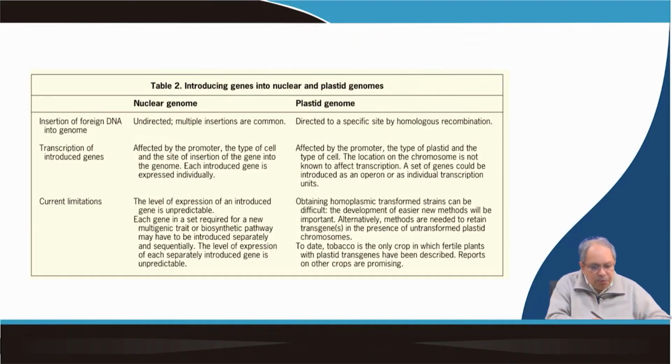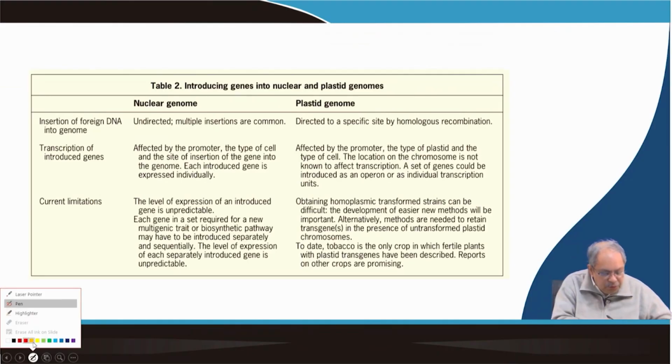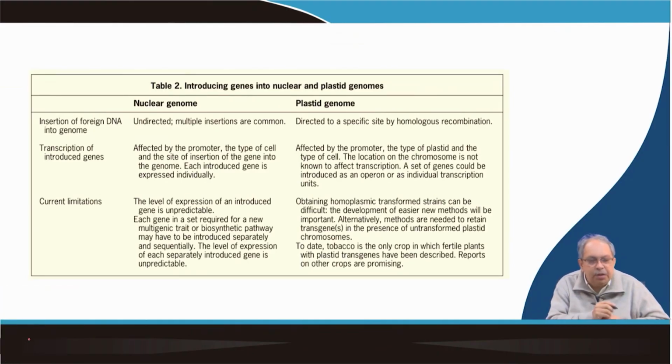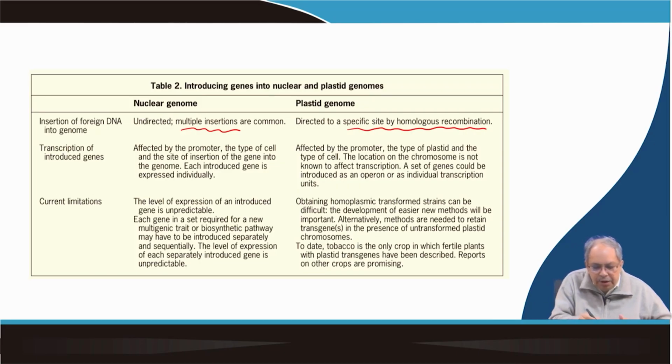Okay. So, what you need to do now is compare the nuclear genome and the plastid genome. In the nuclear genome, one important point is that multiple insertions are common, whereas in the plastid genome, integration is at a specific site by homologous recombination. This may have some advantage over the other. Another point is that in transcription, each gene is usually expressed individually.